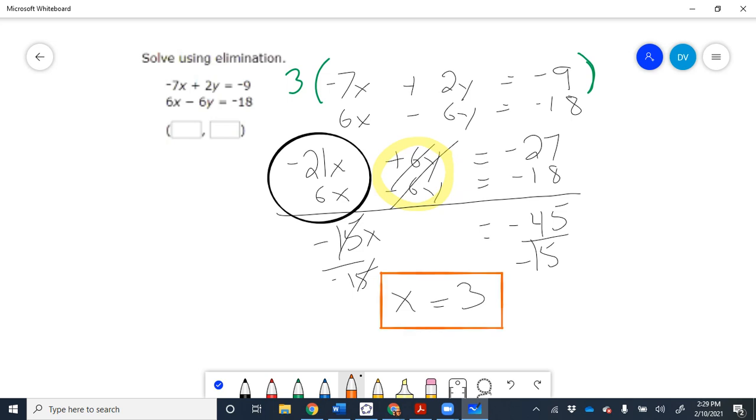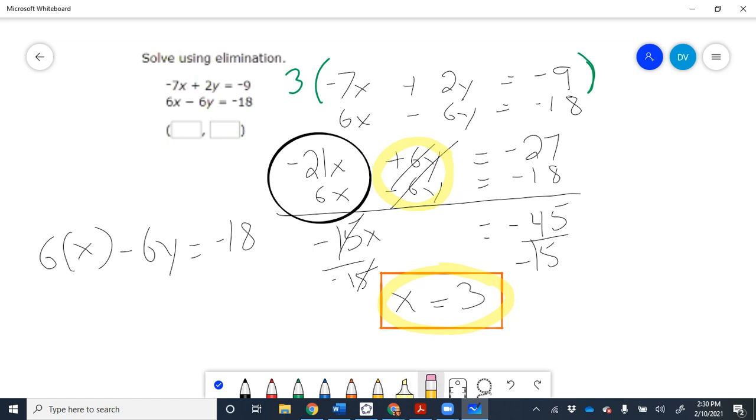Okay. Why don't you pick an equation, the first one or the second one? All right, so I'm going to write that second equation, 6x, but watch how I write the x in parentheses. 6y equals -18. So now, remember that when we see an x, we can replace it with a 3, and that's what I'm going to do.